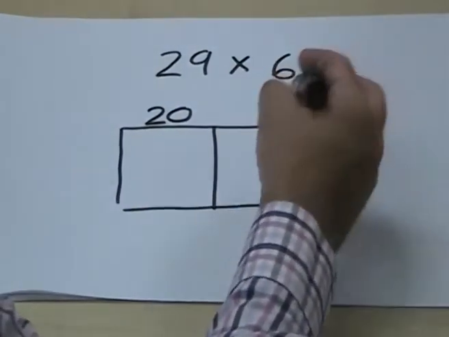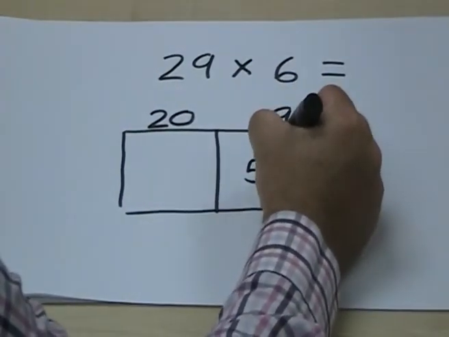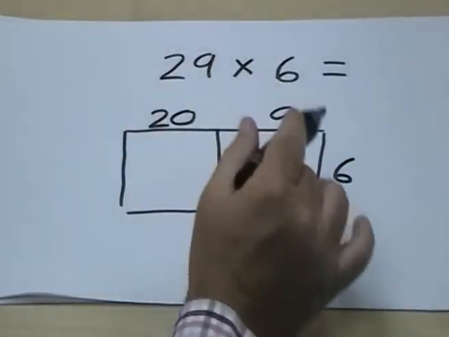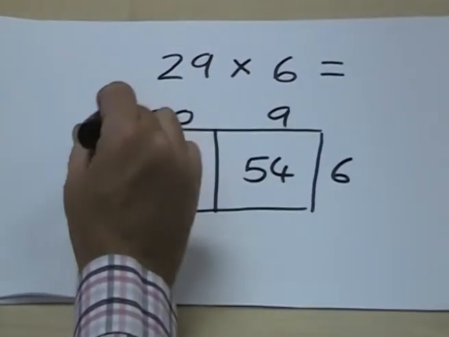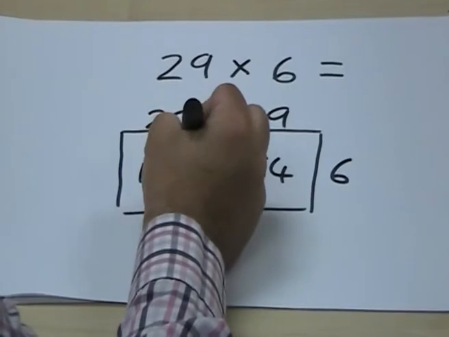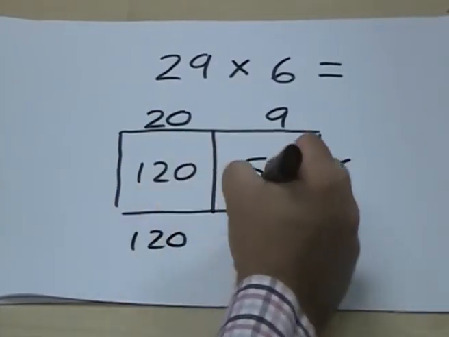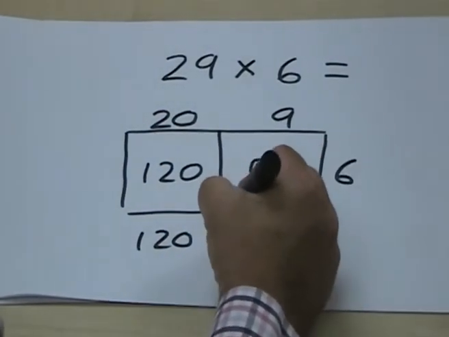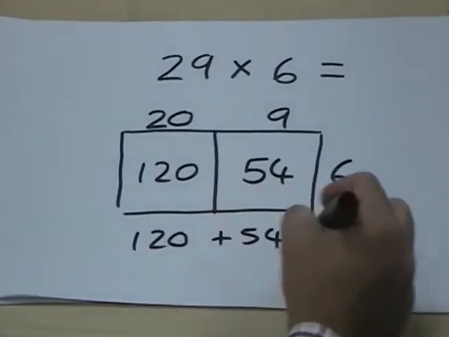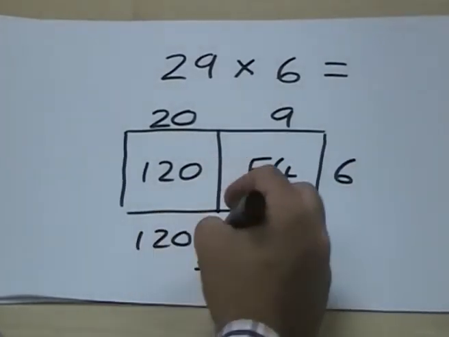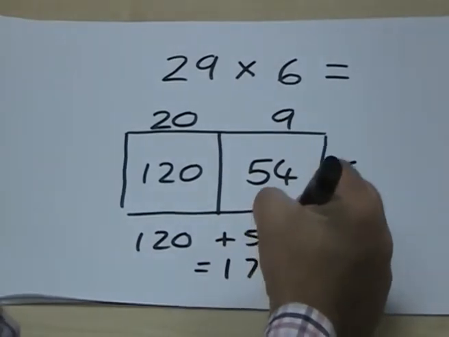So 6 times 9 is 54. 6 times 20 is 6 times 2 is 12, times 10 is 120. Add those two together and we end up with 174.